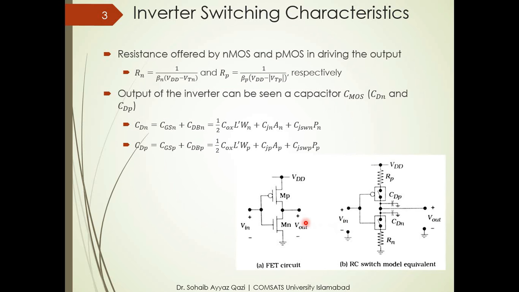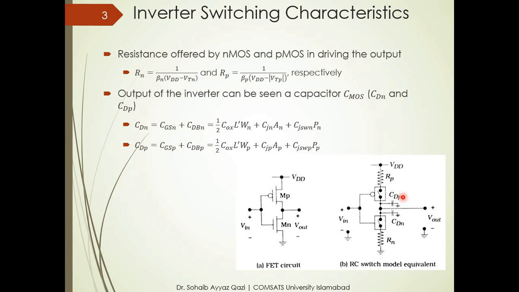For example, we have this inverter here, we have our input and output terminals, but we know that there are some parasitic capacitances present within this inverter. At this output junction, where we have the drains of PMOS and NMOS, we have this parasitic capacitance.